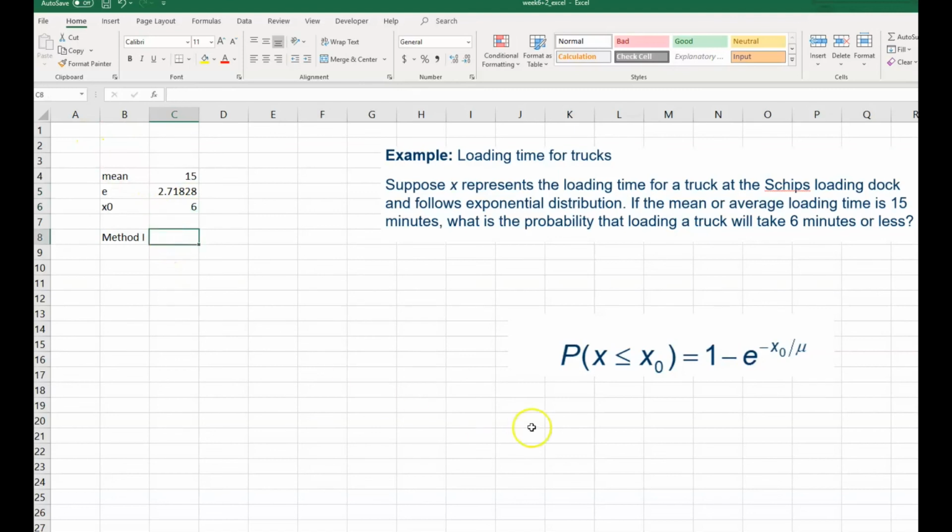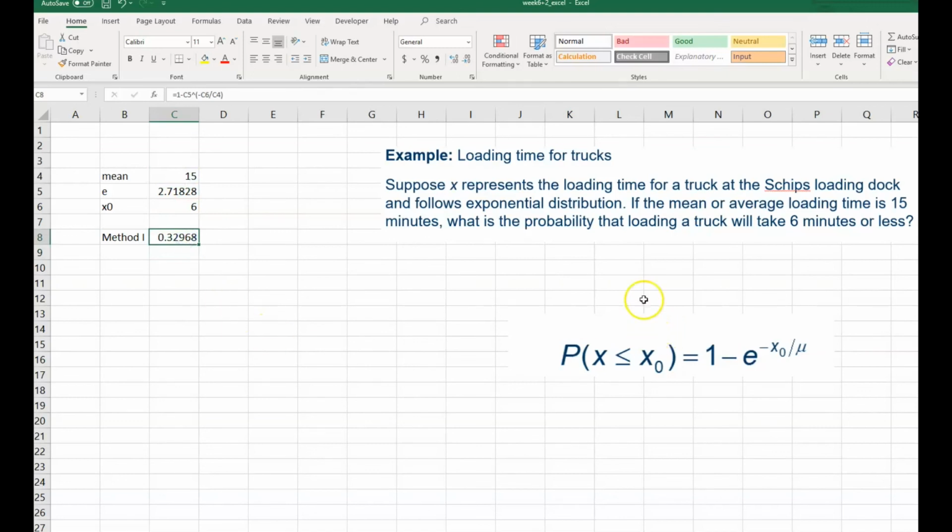So method 1, the probability that loading takes less than or equal to 6 minutes will be 1 minus E to the power of negative x over mean. This is the first method.